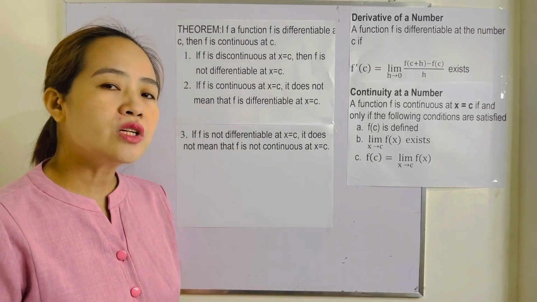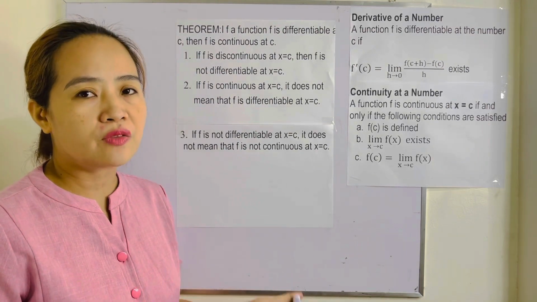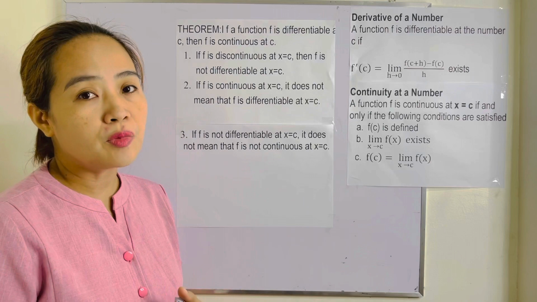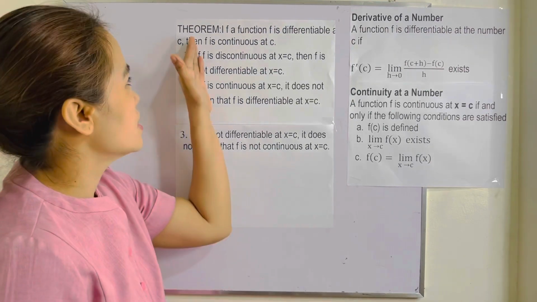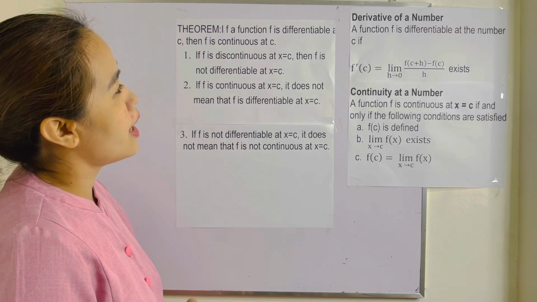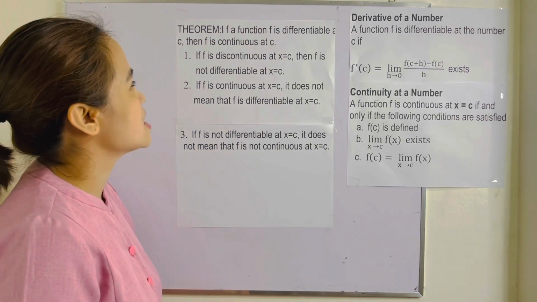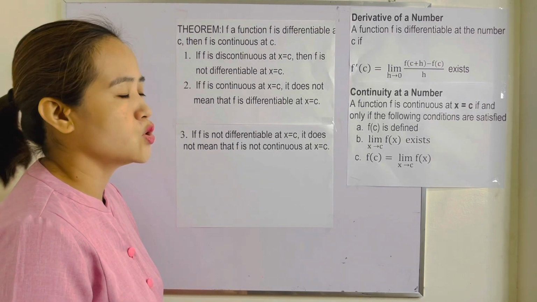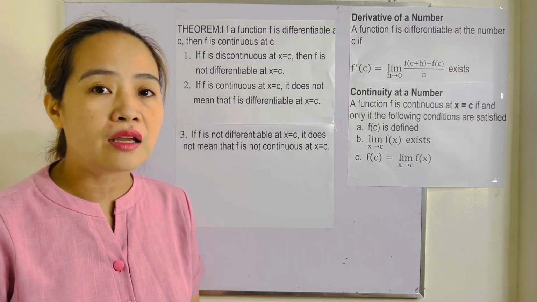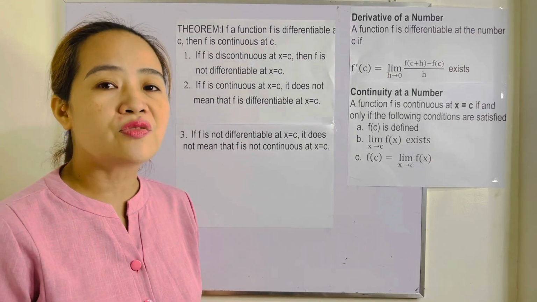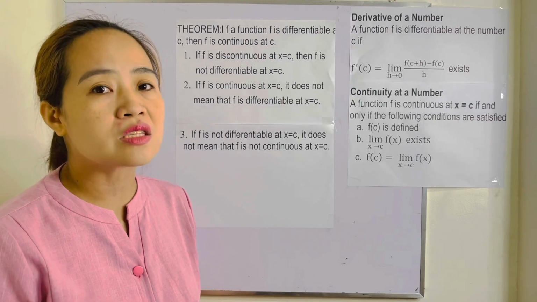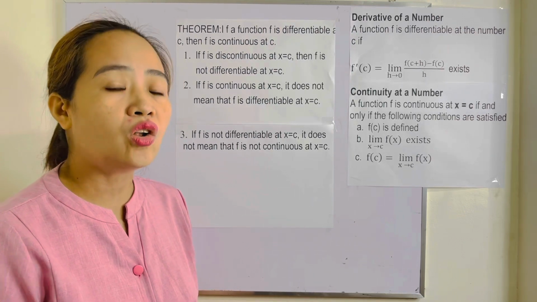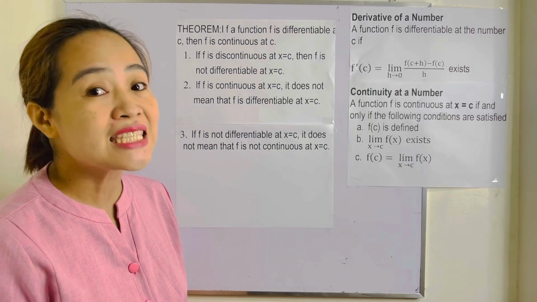Now, how can we determine if the given function is differentiable and at the same time continuous at a given number? Here is a theorem. If a function f is differentiable at c, then f is continuous at c. Take note of that. If the given function is differentiable at x equal to c, it follows that the function is also continuous at c.